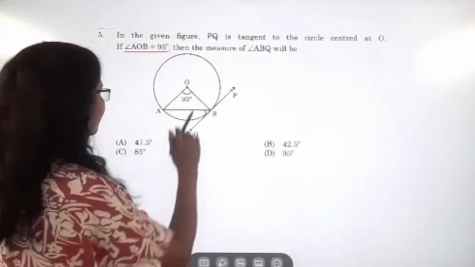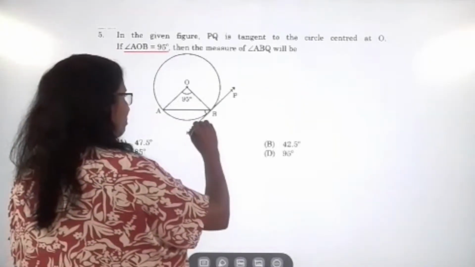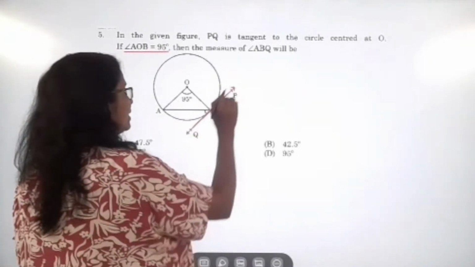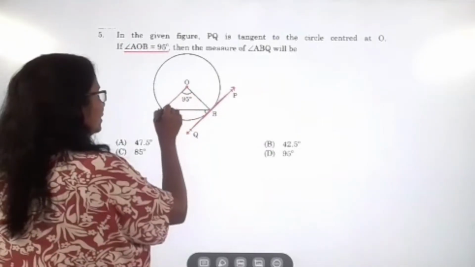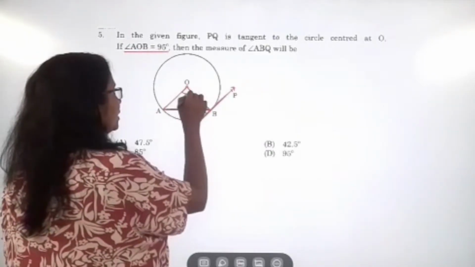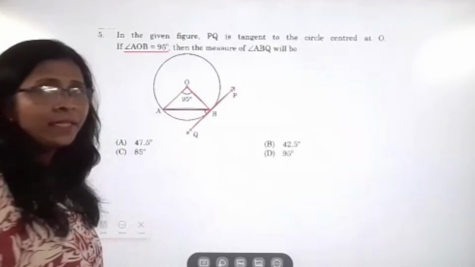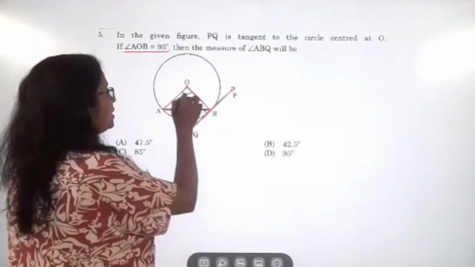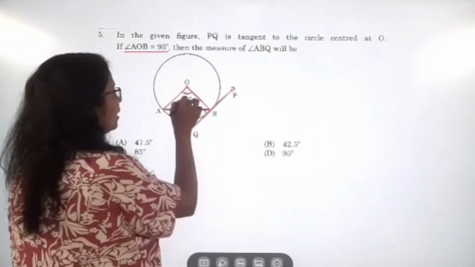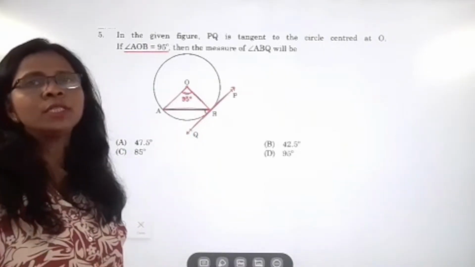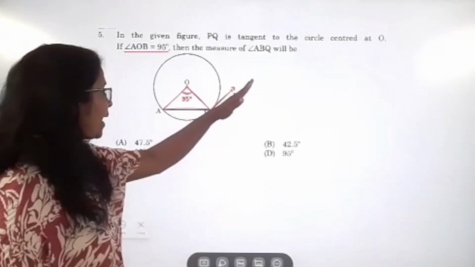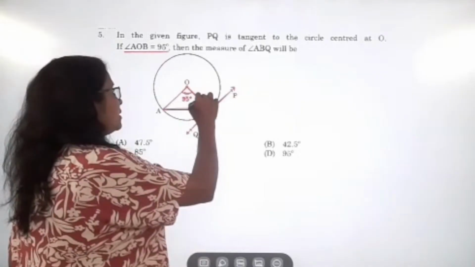Here given is that PQ is a tangent, and here students, this is the triangle OAB, and here the central angle is given. That central angle is 95 degree.